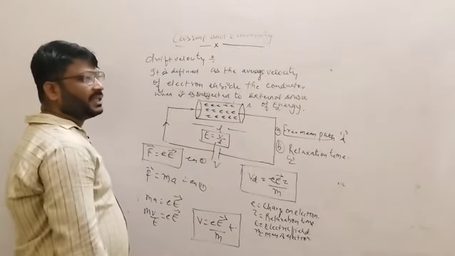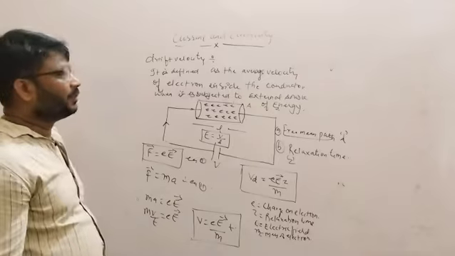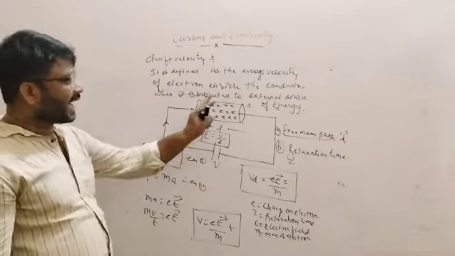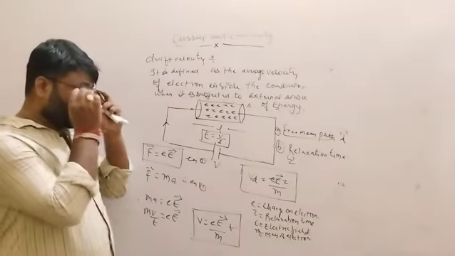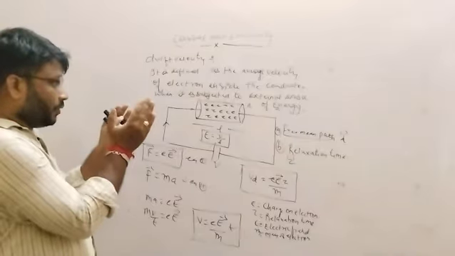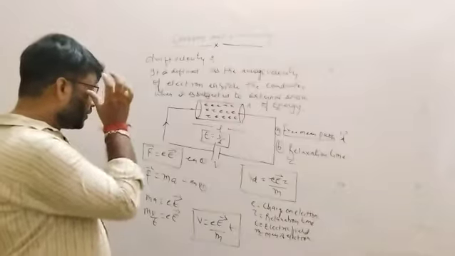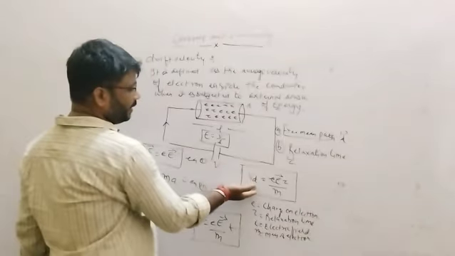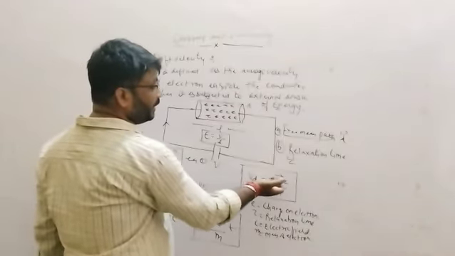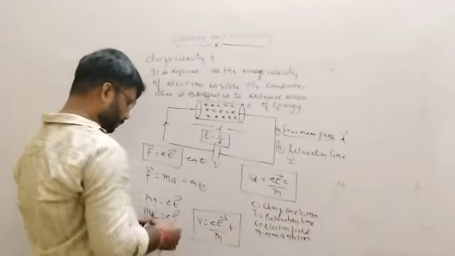So we cannot find the instantaneous velocity at that time. In that case, we go for the average velocity. We consider the certain area over which the electrons are drifting. So that expression became Vd equal to e E tau by m.